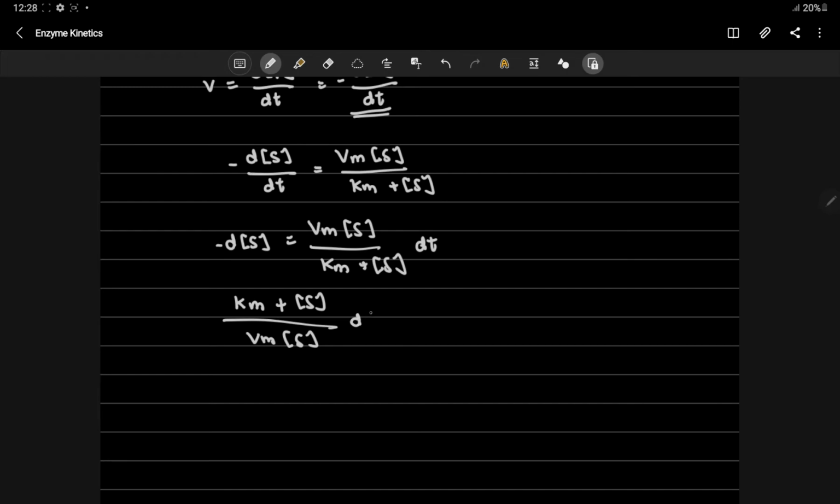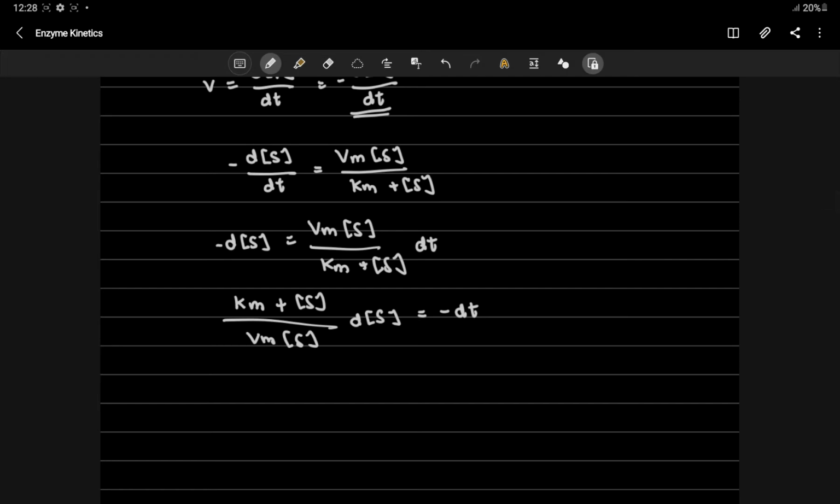And then, tatanda natin na may dS or differential substrate concentration pa dito. So basically, I just divided with this whole term here. Okay? Equals, may negative tayo kanina sa left-hand side ng equation. So, gagawin kong negative na lang yung right-hand side ng ating equation. And now, we have separated the variables.